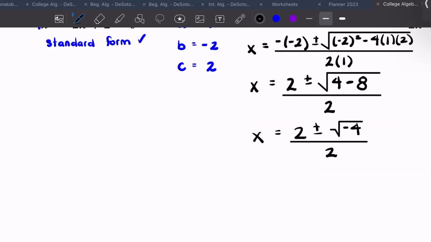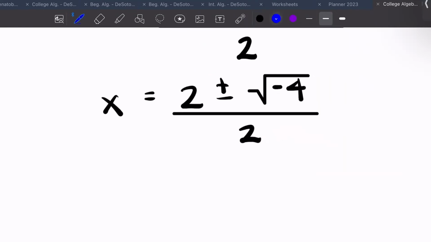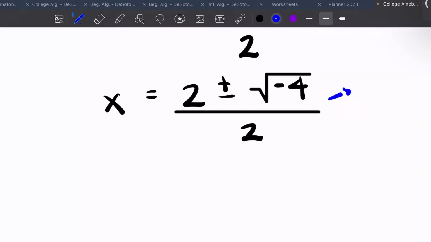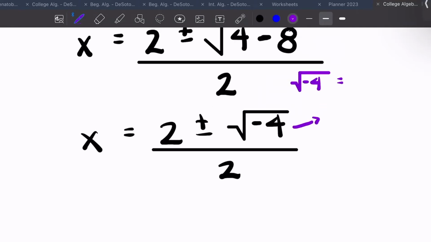Right? So in my square root, I have a negative. So go over here for a second. The square root of negative 4 gives us, we can write this as negative 1 times 4.